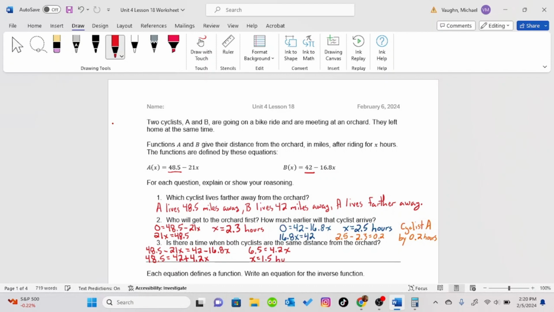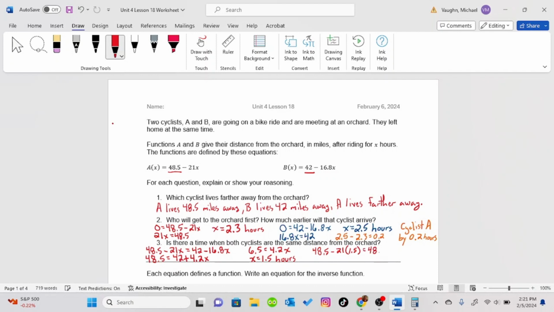And x measures hours. Now, if I want to know how far they are from the orchard, I can substitute 1.5 into either of the original equations to see where that cyclist is. And because they are the same at that distance, we'll have the distance for both. So I will choose A of x, and I will say 48.5 minus 21 times 1.5.